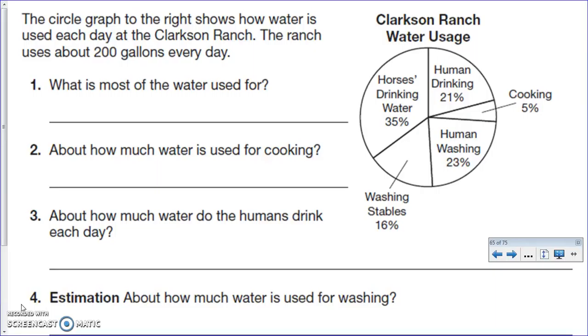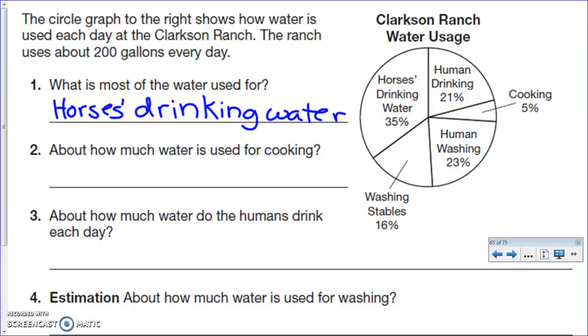That is horses drinking water. It has the largest section.